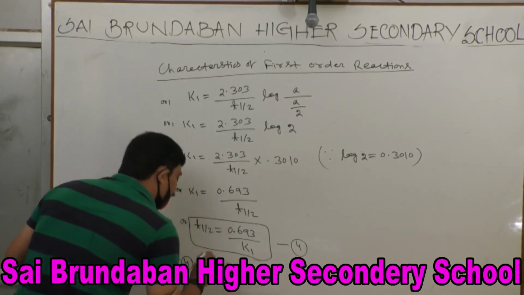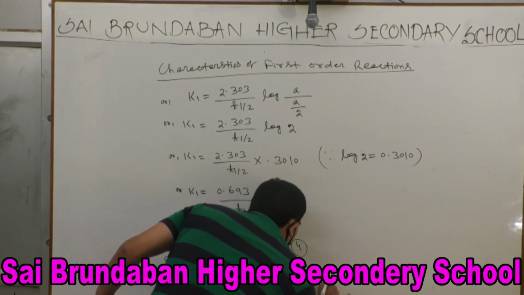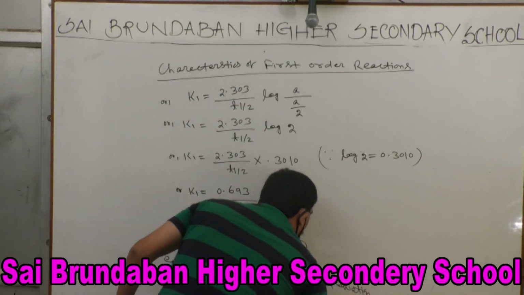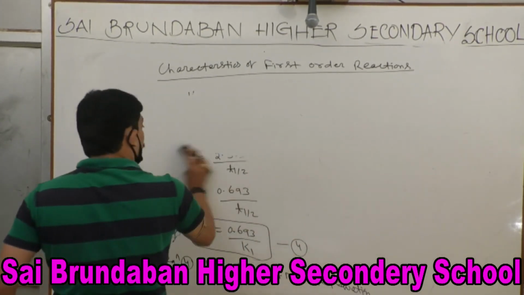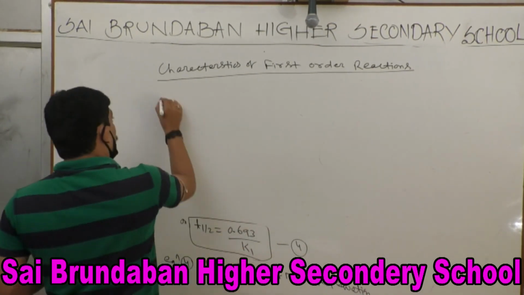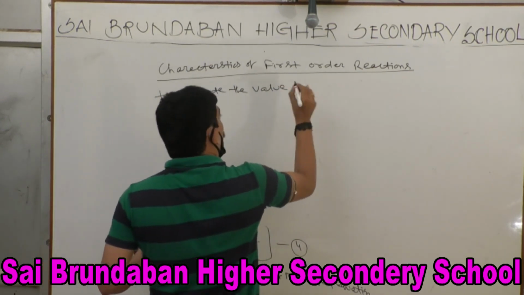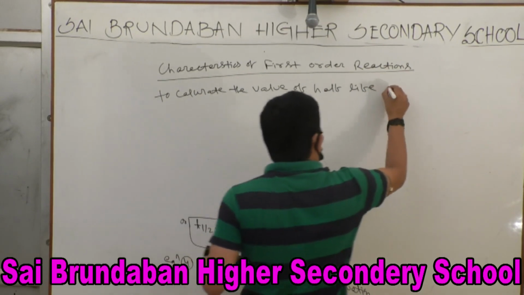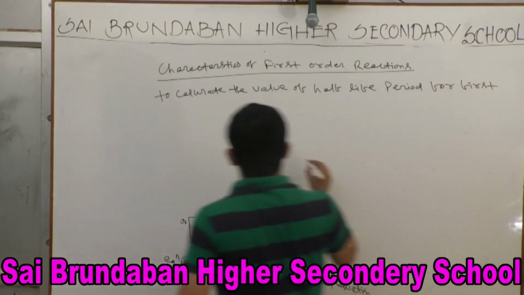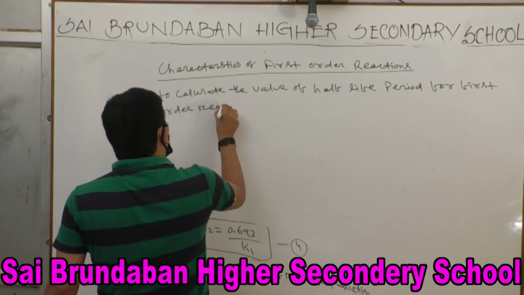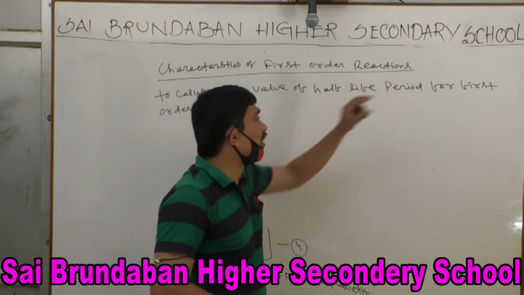Equation 4 is the desired or required equation to calculate the value of half-life period for first order reaction.